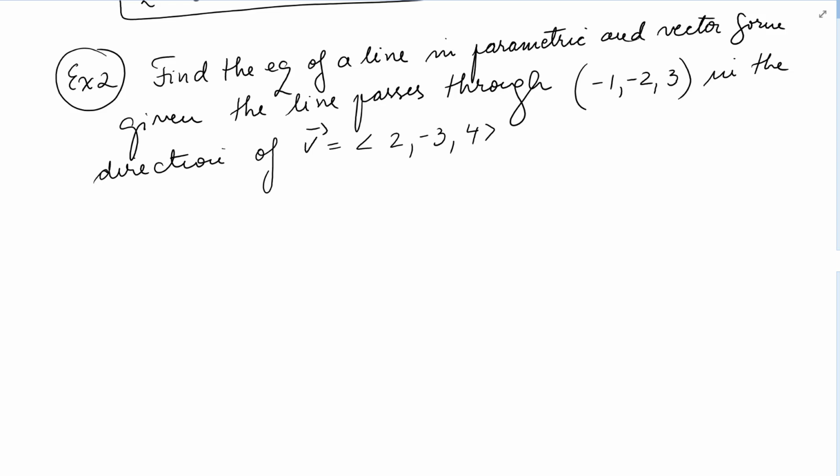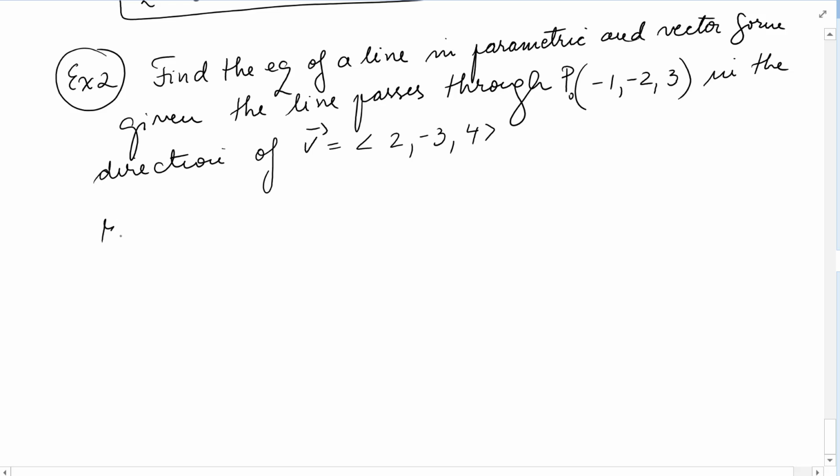Let's solve another problem. Find the equation of a line in parametric and vector form given the line passes through the point -1, -2, 3 and is going in the direction of v of coordinates 2, -3, 4. So let's say that it's passing through P naught.